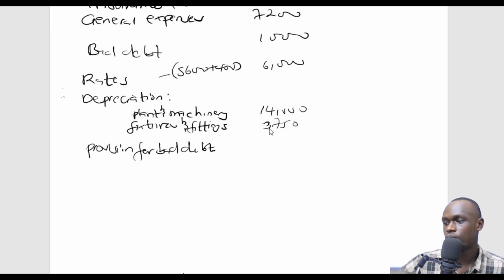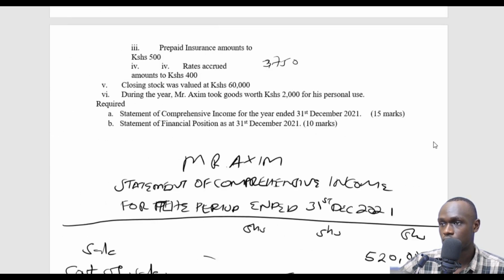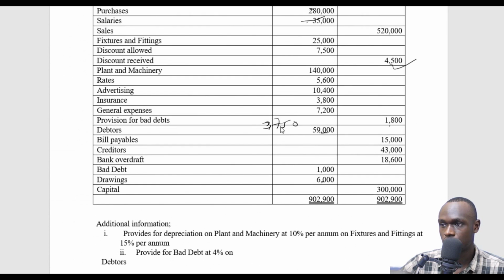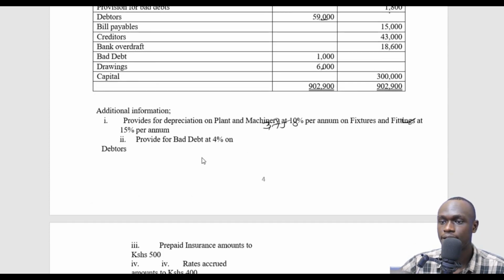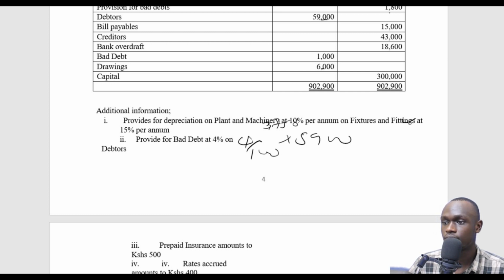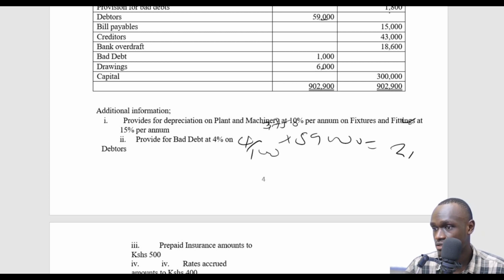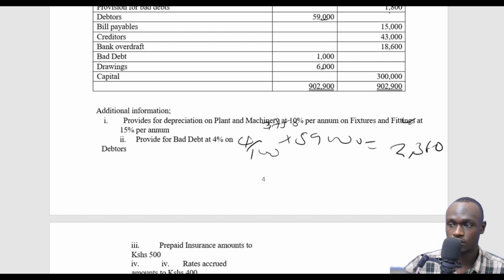Then provision for bad debt. Provision for bad debt is 1,800, but we've been told to provide for bad debt at 4% on debtors. The value for debtors is 59,000. So 4% of 59,000 is 2,360.